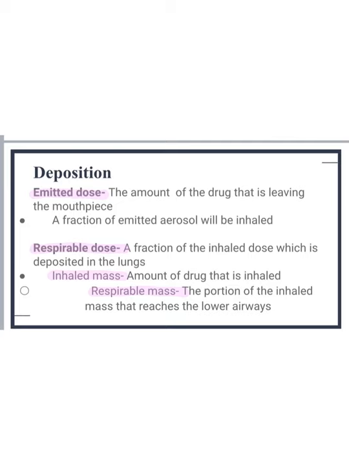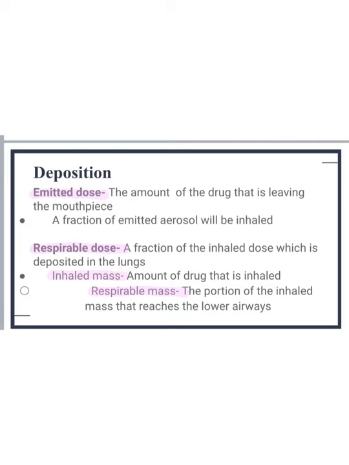So when you have a drug and it starts being nebulized, for example, and you can see that mist coming out of the nebulizer, that would be the emitted dose. What is inhaled and deposits in the lungs is the respirable dose. But in between the mouthpiece and the lungs, you can lose drug.